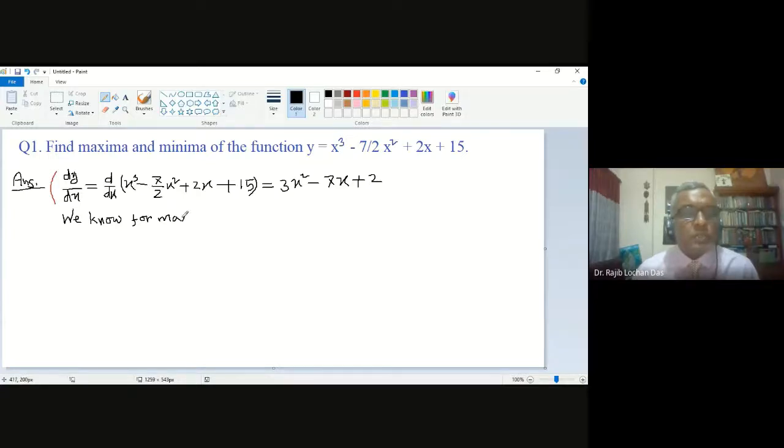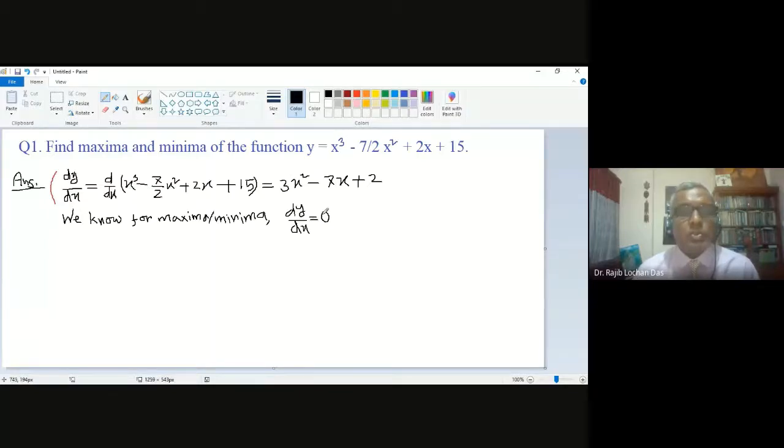If it is possible, I will show it to you tomorrow. For maxima or minima, we already know that dy/dx equals 0. So you write it like that, and everyone will understand that you know the rule. So this is the theory.